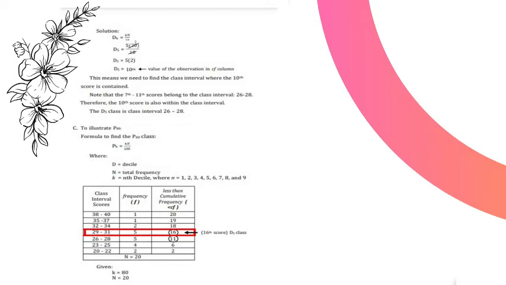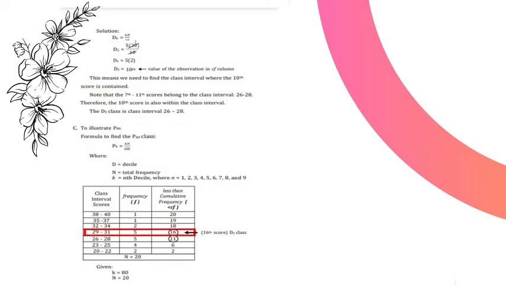Still our n is 20, and we are given k equal to 5. Your solution with the formula is Dk equal to kn over 10. We divide by 10 because it's decile, it has 10 equal parts. So our divisor is not anymore 4 but 10.